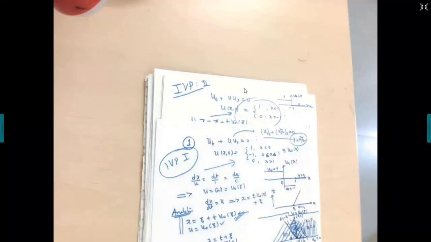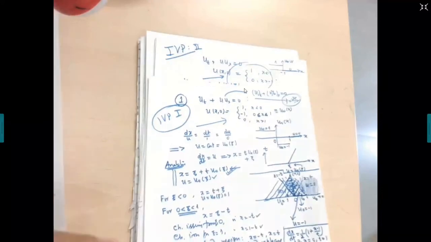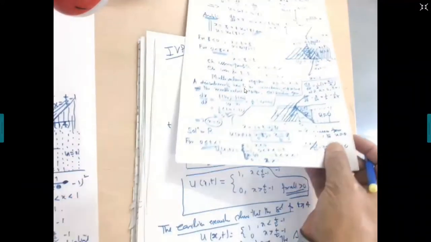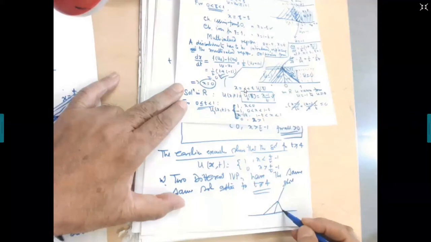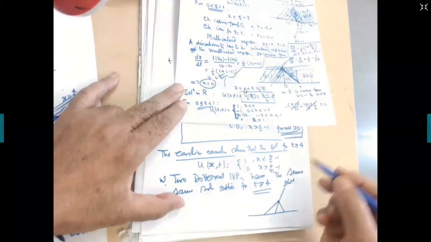Once a shock forms, the initial information gets lost, and it is very clear from here also. The information comes from the right side, and when it approaches the shock, it gets absorbed into the shock.